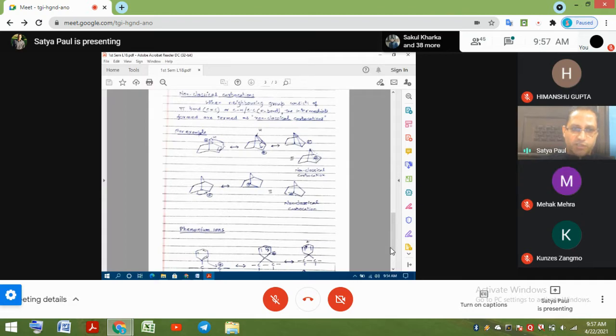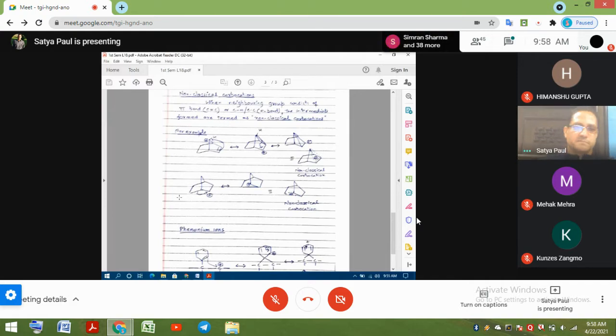This bond is partially formed, so dotted. This one is also partially formed, so dotted. In between we have a positive charge. So your positive charge is moving from this carbon to this carbon and to this carbon. This is known as a non-classical carbocation.